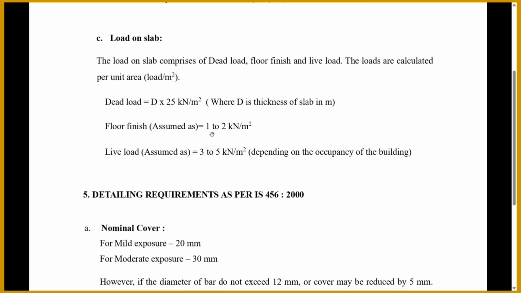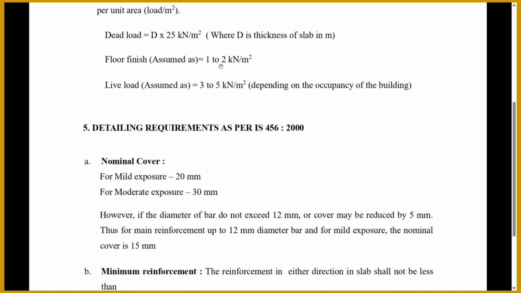Also, we will assume the floor finish as 1 to 2 kilonewton per meter square, and the live load as 3 to 5 kilonewton per meter square. This also depends on the occupancy of the building.